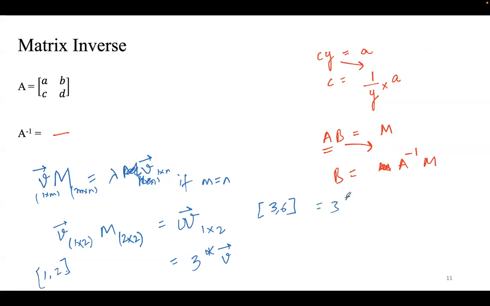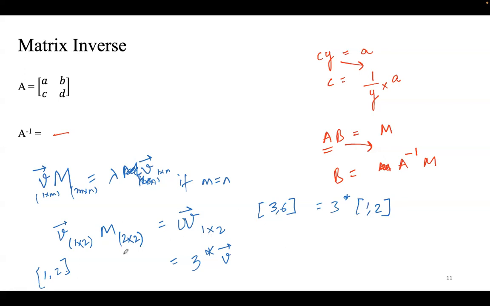This is same as 3 times 1, 2, isn't it? We saw in scalar multiplication, scalar with a matrix, right? So what you did here was you multiplied a vector with the matrix and you got the same vector back, but some times of that vector.